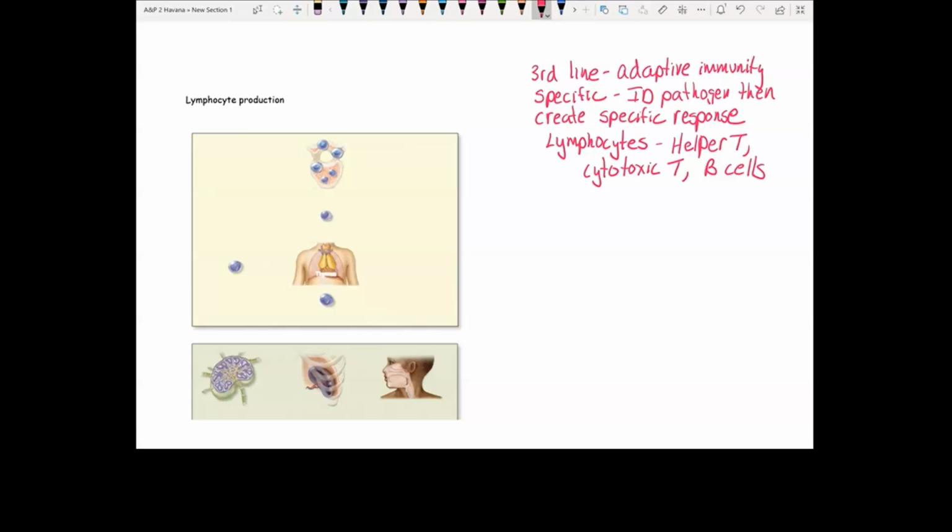First, we're going to look at the production of these cells. So remember in chapter 21, we learned about the lymphatic system and primary and secondary lymphatic structures. So the top picture here is your primary lymphatic structures. Here is red bone marrow.